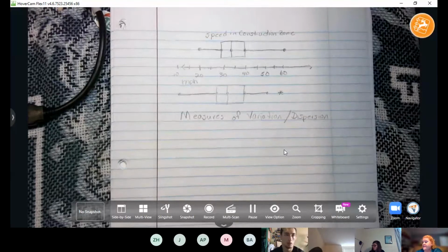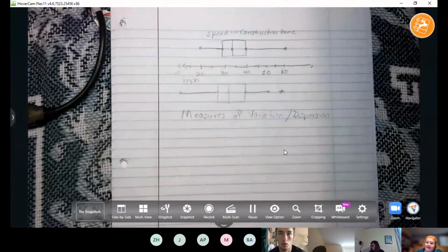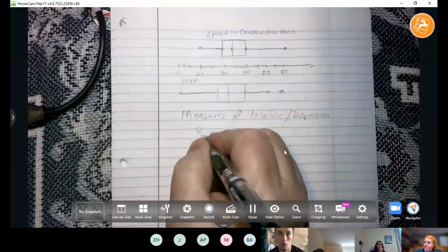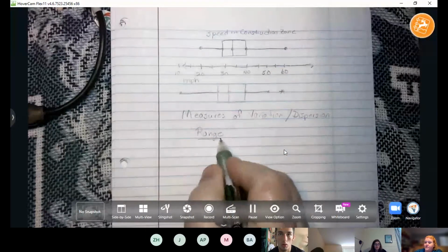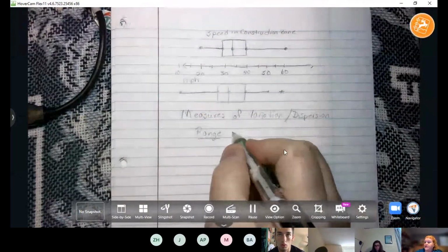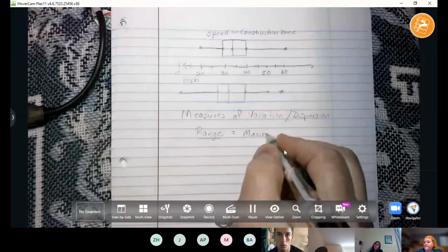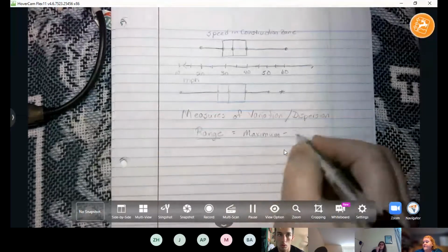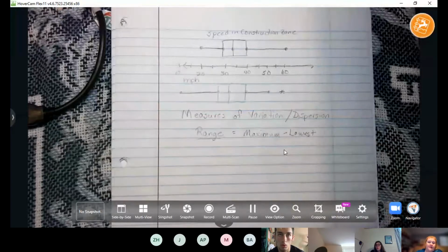Now, some of the easiest measurements to look at in terms of that is range. And you have found this for years. Range is a measurement that's used to find out how much the data changes. All range is a matter of taking the maximum value minus the lowest value in order to calculate that.